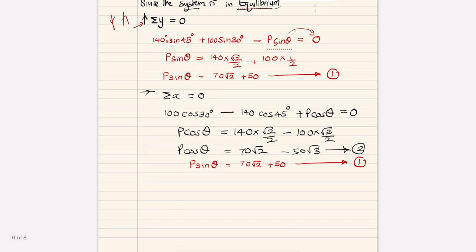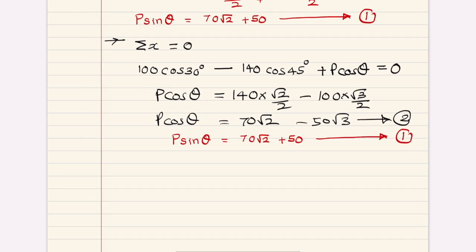So how can I solve these two equations? If you look carefully, I can divide equation 1 by 2. I'm dividing the red color one by the black color equation, so the left hand side will be P sine theta divided by P cos theta. The benefit of doing that is one of the variables gets cancelled.